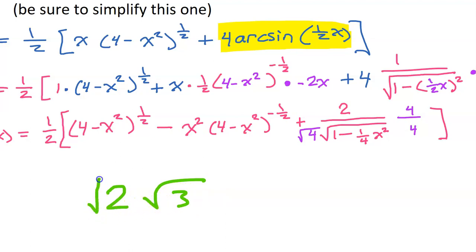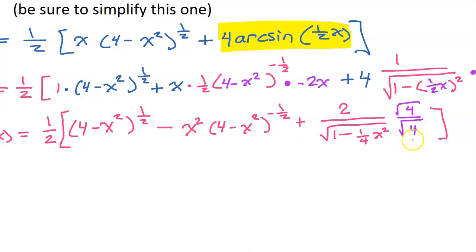But if I do radical 2 times radical 3, then I can turn that into radical 6. So as long as they are both radicals, I can go ahead and multiply them together. So that's what I'm doing here. I want to multiply everything by 4, but they both need to be radicals so I can go ahead and do the multiplication. So that's why I will multiply by radical 4 over radical 4.